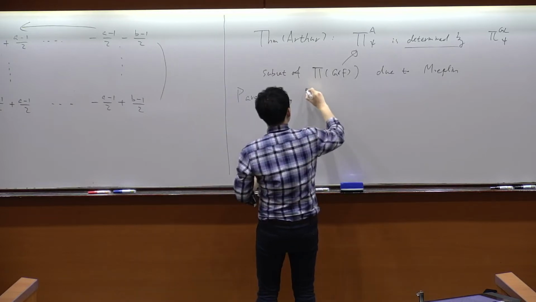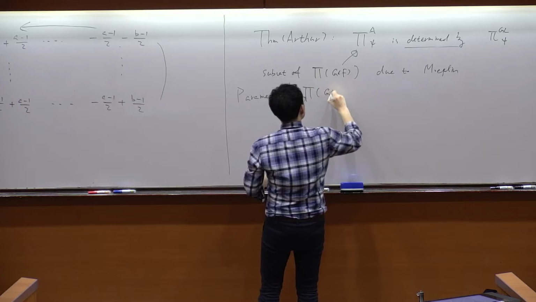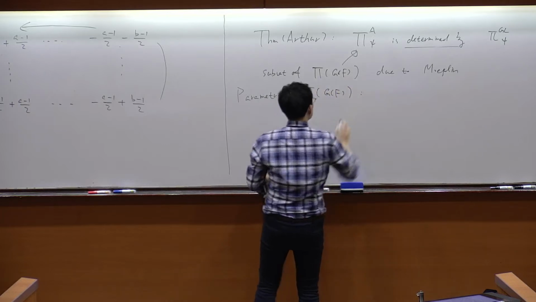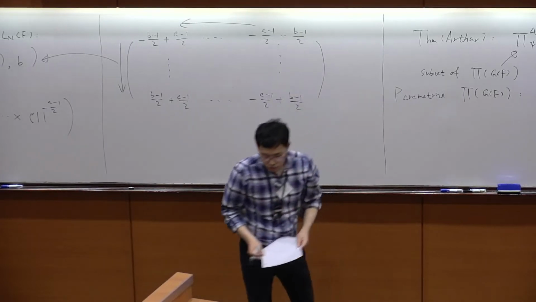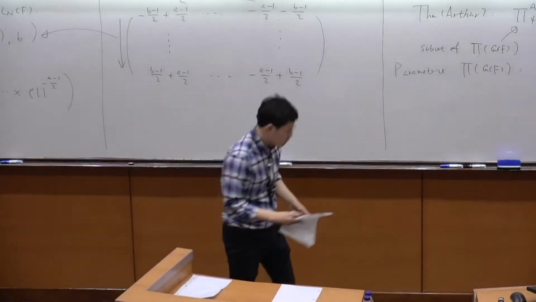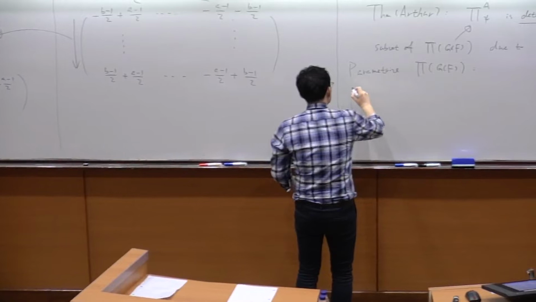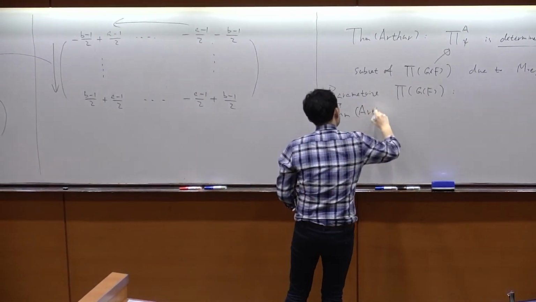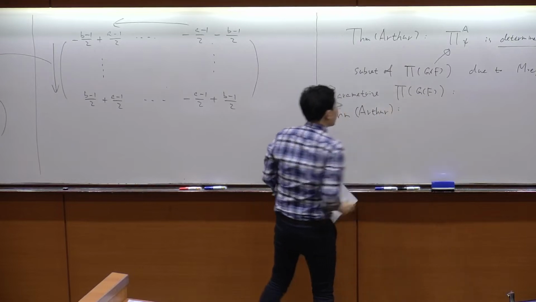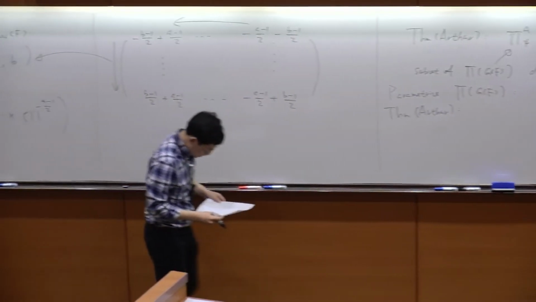So how do we parameterize the irreducible smooth representations for this local group? And the answer is to use the local Langlands correspondence. And again, I'll say that's the theorem of Arthur.